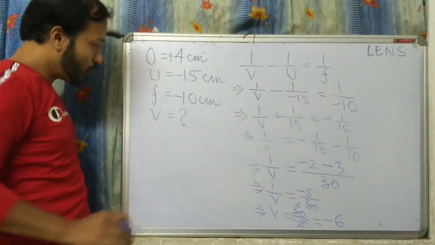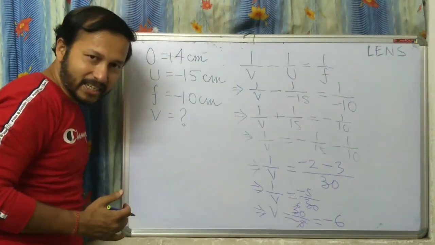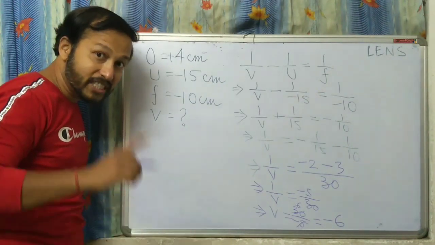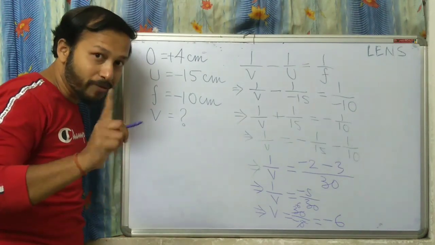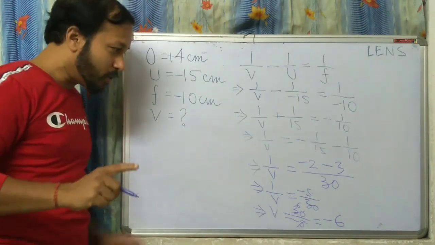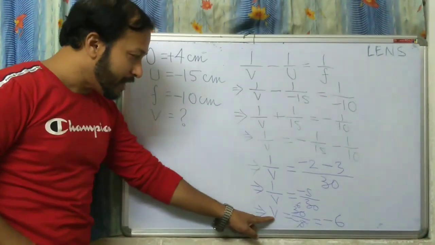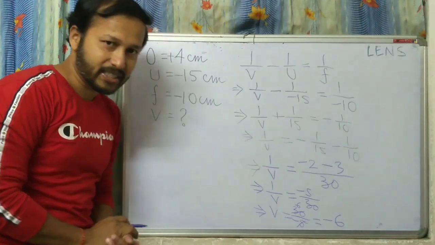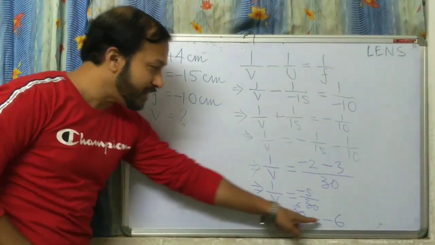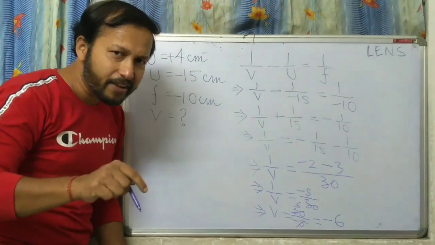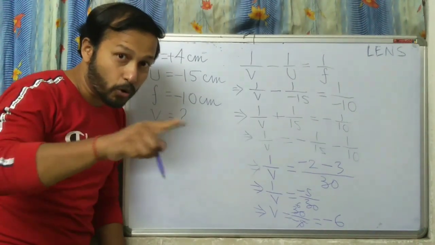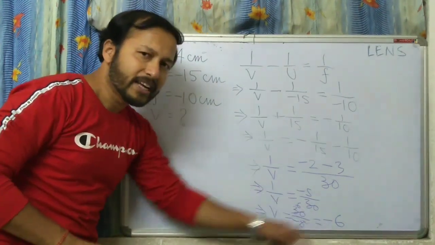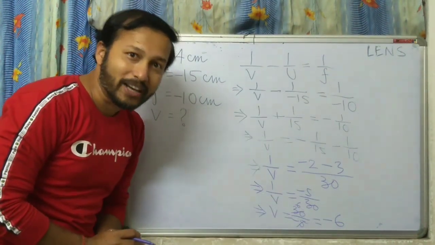So we can say that the image is forming at a distance of 6 centimeter from the lens. No, we will not write minus, we will write only 6. The image is forming at a distance of 6 centimeter from the lens. And since V is negative, from the list which I told you to make, if you check, if V is negative, that means it's a virtual image.